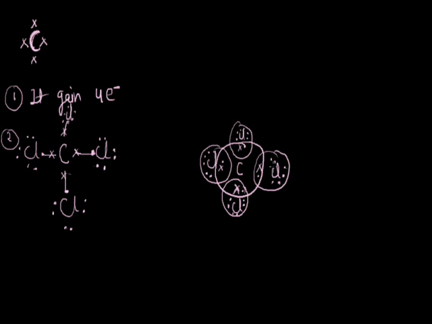Now these 6 electrons around each Cl atom are called lone pairs, LP. A lone pair means a pair of electrons that does not take part in bond formation. And these 2 electrons are called a bond pair. Similarly, each of these is a bond pair.